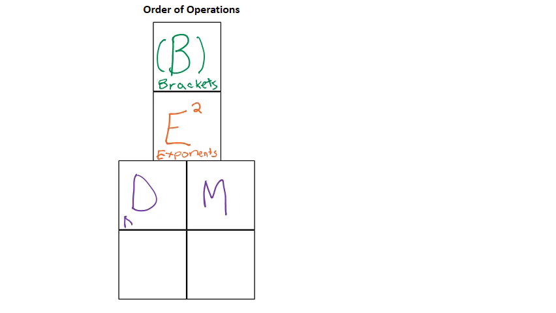But division and multiplication. And the last two are addition and subtraction. So the acronym is BEDMAS. You may have heard PEMDAS, and some mathematicians even like GMA, and we can talk about all the different ways to remember it. But this is a standard one we use in Canada.